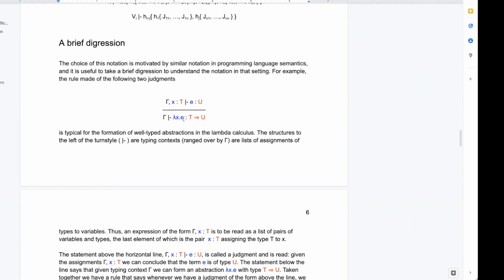The normalization stops, so as you're reducing the term, you'll eventually get down to something that you can't reduce anymore. But you won't get into an endless loop like lambda x dot x applied to lambda x dot x. That will be eliminated by the type system. You can't make that term. And so in that sense, the programs that are built by the typed judgments are correct by construction.